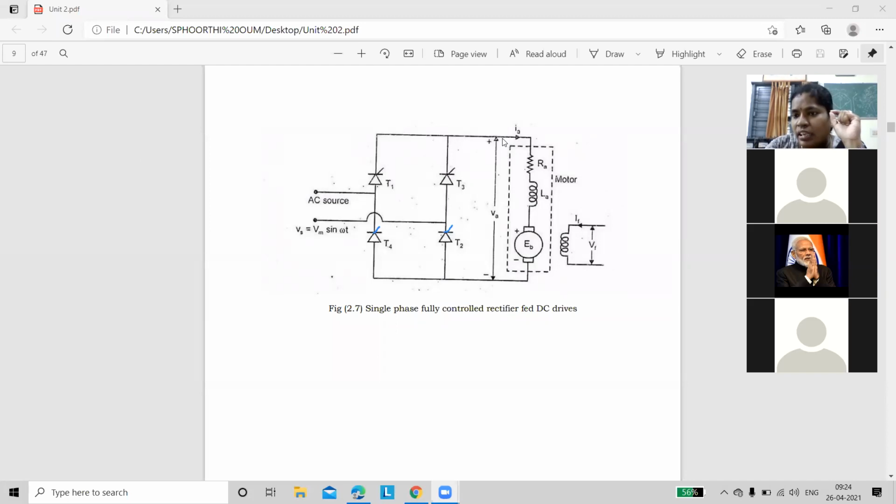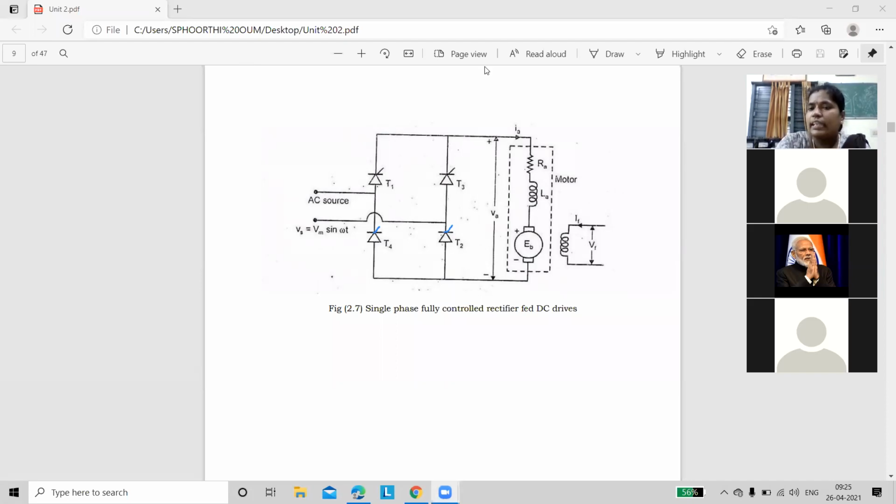And remember one thing: whenever you are writing this question in your exam papers, if you have drawn the freewheeling diode, then there is no need to explain discontinuous mode. If the question asks to explain the full wave rectifier fed DC motor drive with the help of a freewheeling diode, it is directly saying that there is no need to explain the discontinuous mode of operation.